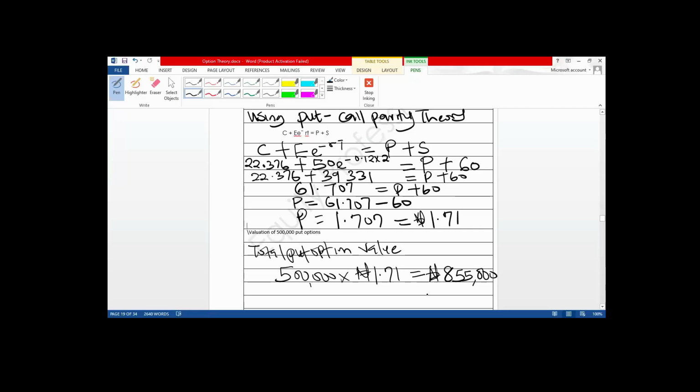That is the value of 500,000 put options, that is the premium the investor will pay to buy 500,000 put options. We are done with requirement A.